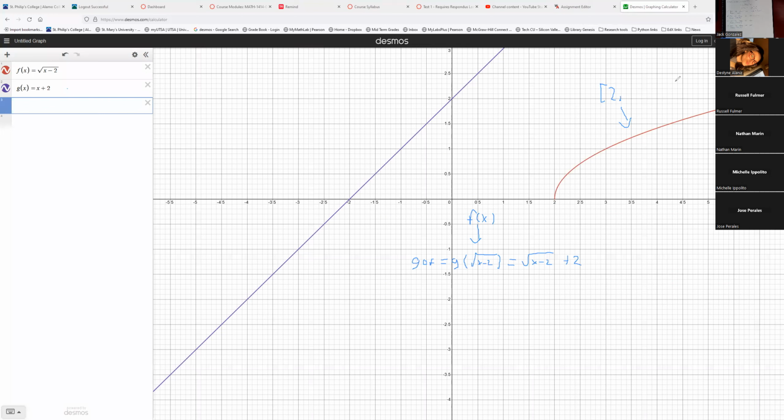A little better. So that's the domain of f. Obviously, the domain of g is all real numbers, right?